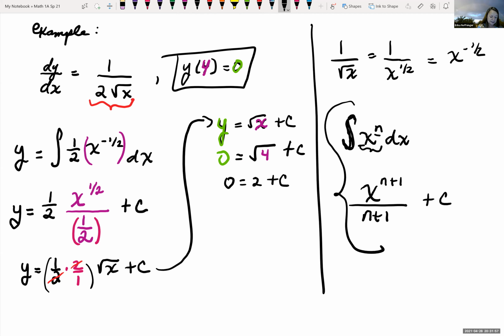We can get c by itself by subtracting 2, so c is negative 2. Knowing what our c value is, our original function, which with the c in there was y equals the square root of x plus c, is now y equals the square root of x minus 2.